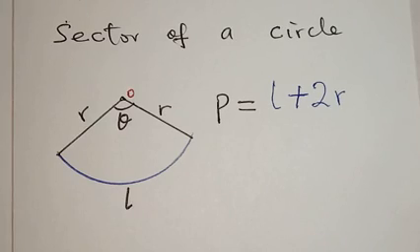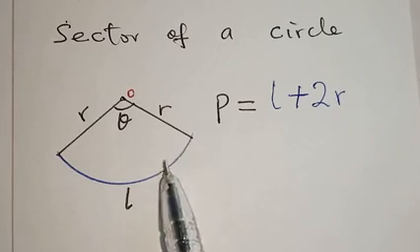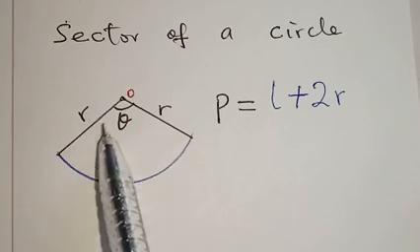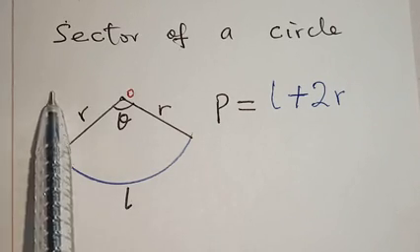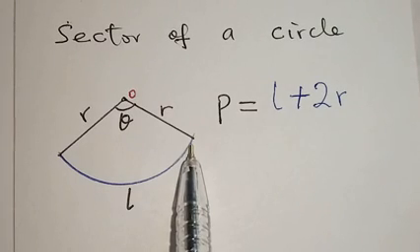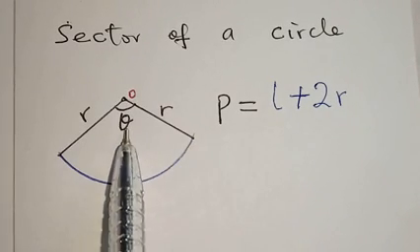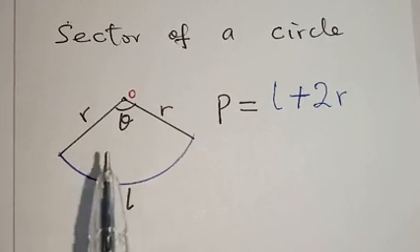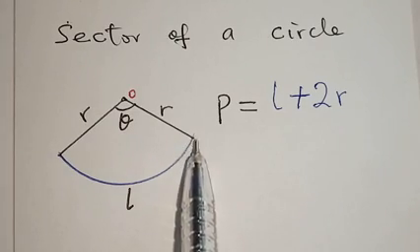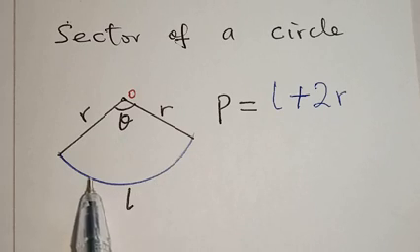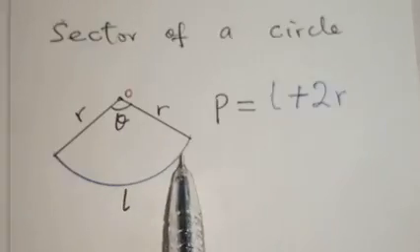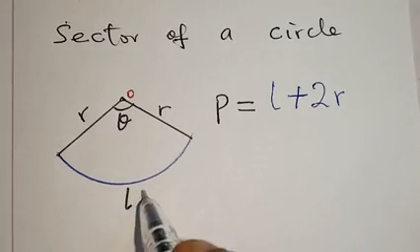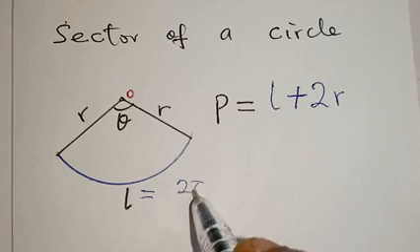I want you to recall that when we're looking for the area of the sector, it had the same formula as the area of the circle that it is taken from. We simply multiplied by the fraction. So the same thing is applicable here. Since the length of the arc is a fraction of the length of the circle, it will have the same formula, which is 2 pi r.